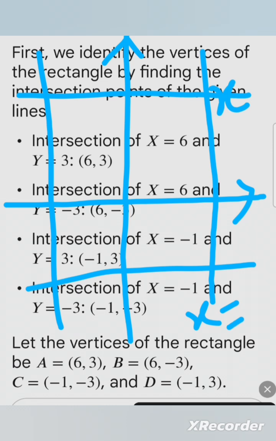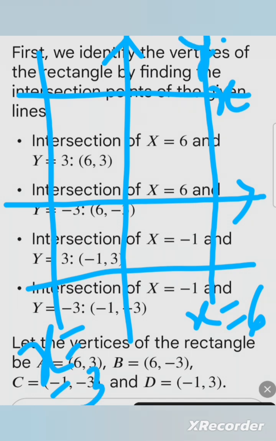This is the line x equal to 6, this is the line x equal to minus 3, this is the line y is equal to 3, and this is the line y is equal to minus 1.